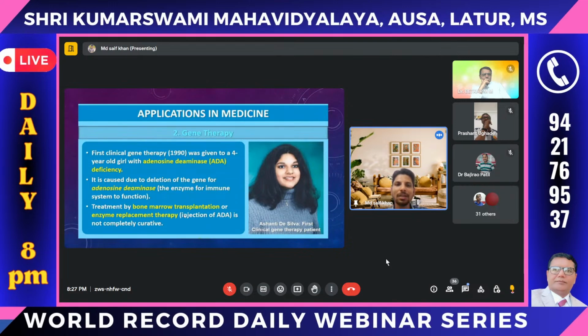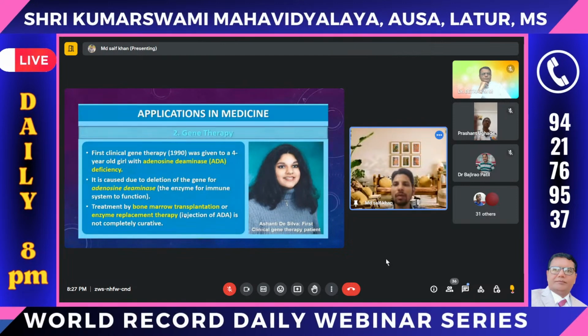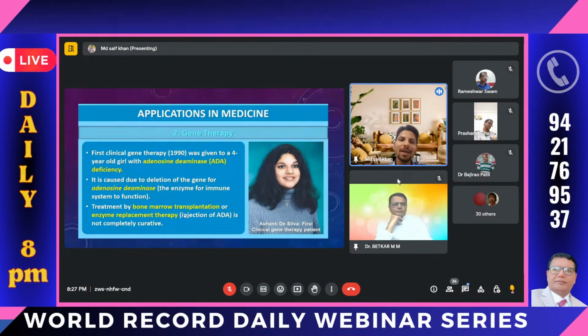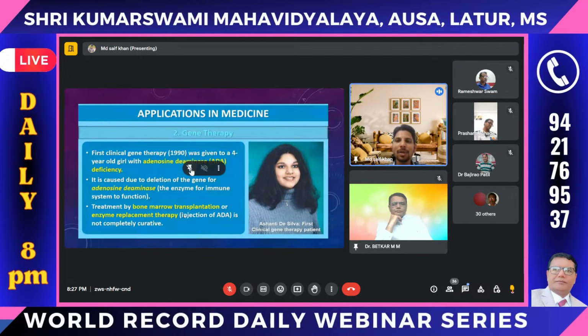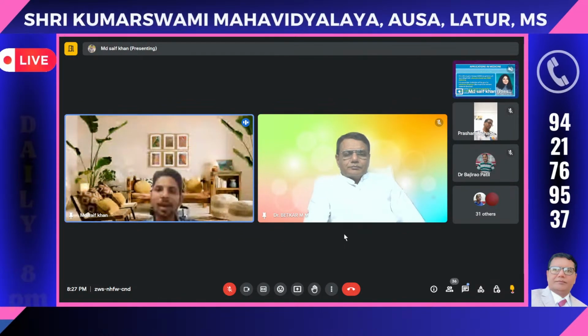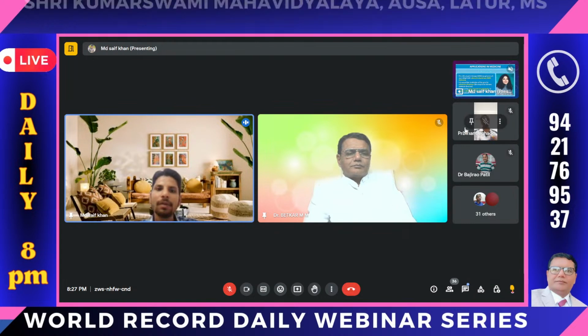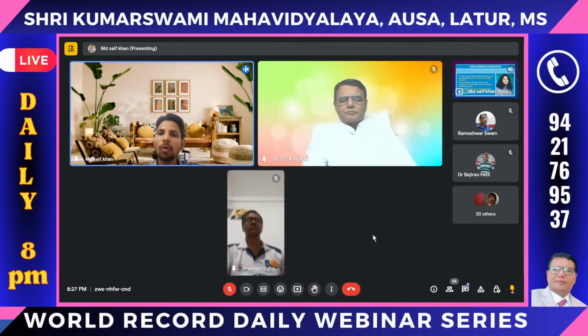We can do this in two ways: one is bone marrow transplantation, another is enzyme replacement therapy. If we replace the enzyme, it does not completely cure the disease, because we are not making changes at the DNA level or mRNA level. We are changing at the protein level.